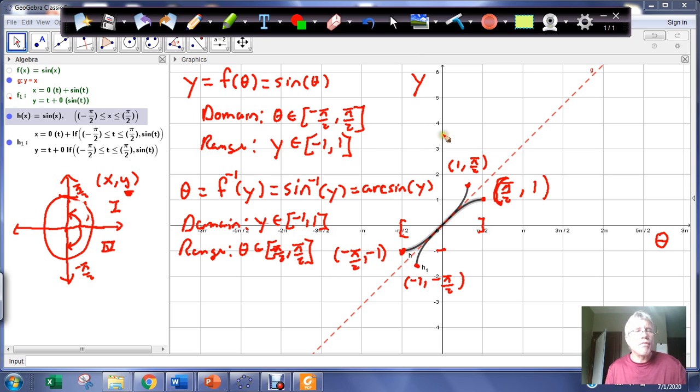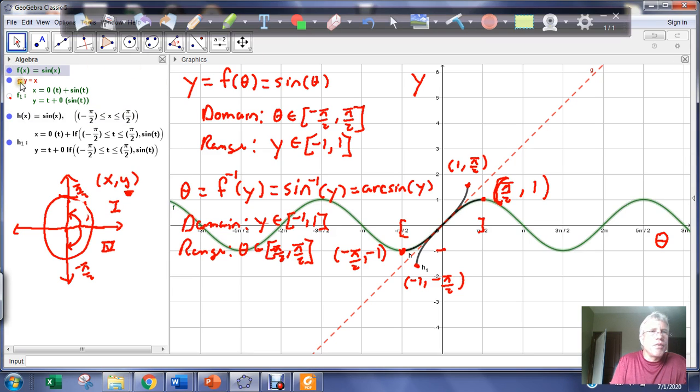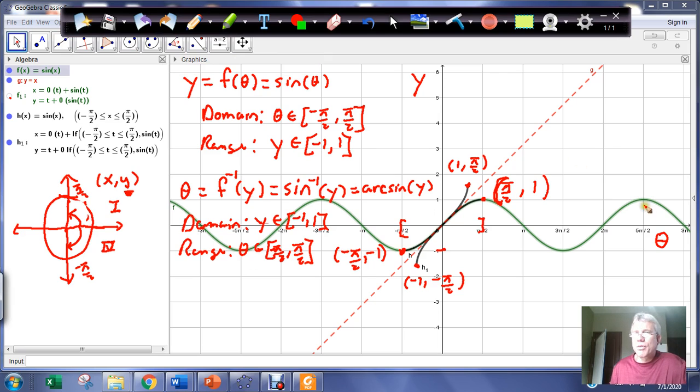So this has kind of a practical implication. So if I turn the sine function back on, let's say I input 1 into the arcsine. Well, there's lots of places where the y values are 1. Here at 5 pi over 2, here at negative 3 pi over 2, there's infinitely many places where the y value is 1.